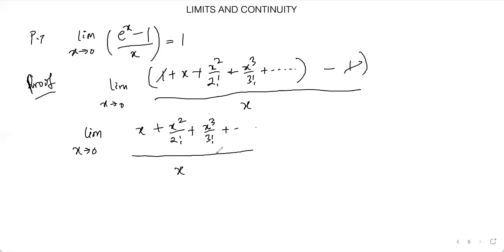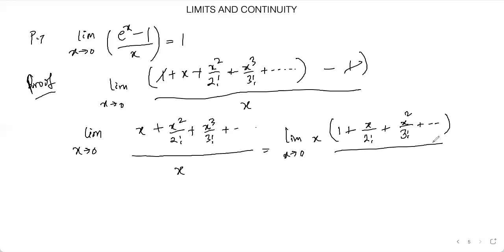Now let us take x as common. Okay, so we can cancel out x, and then once we do that, we can put x as 0. So this will be 1 plus x by 2 factorial plus x squared by 3 factorial and so on, in the denominator.